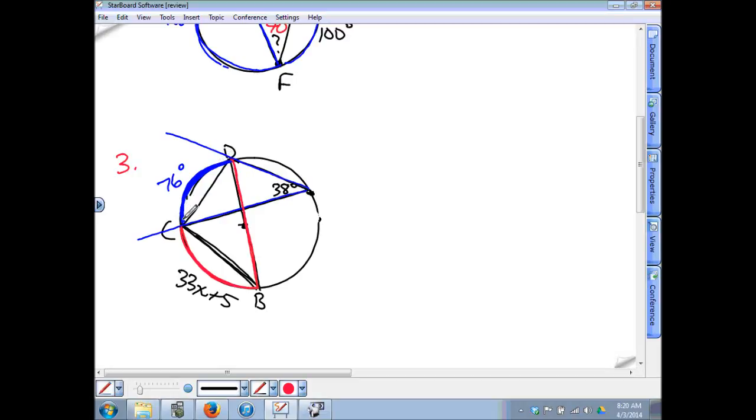This portion is 76. So what does that have to be to make it 180? This has to be 104 degrees. There's your equation. What does 33x plus 5 equal? It equals the measure of that arc, which is 104 degrees.